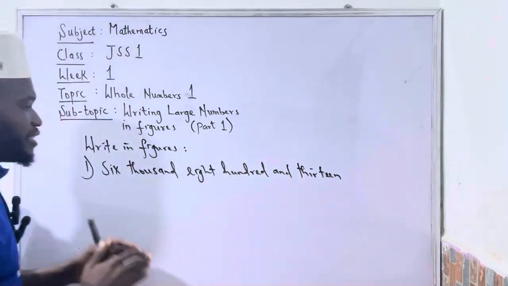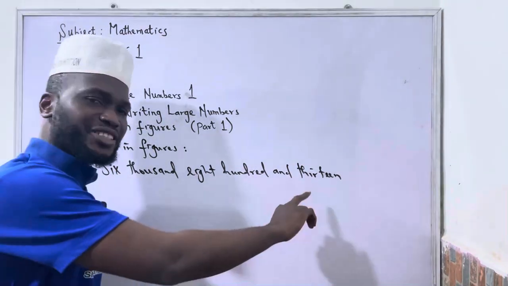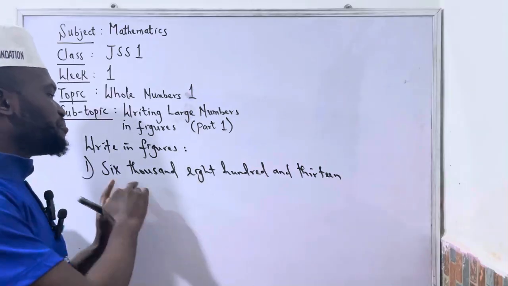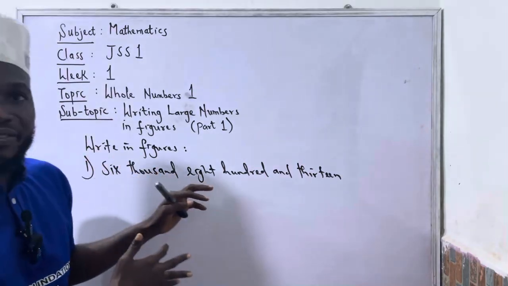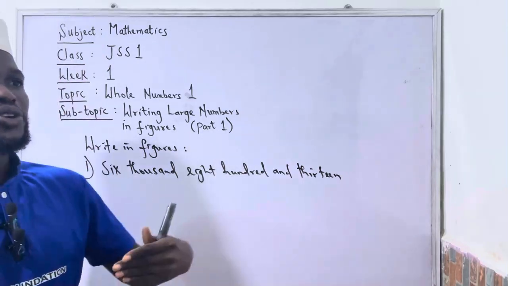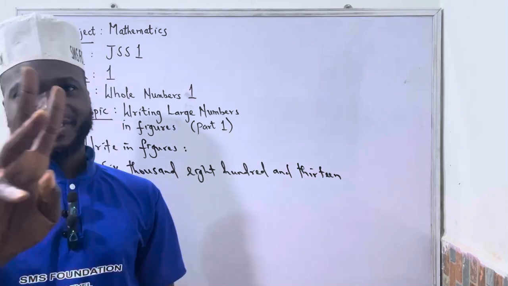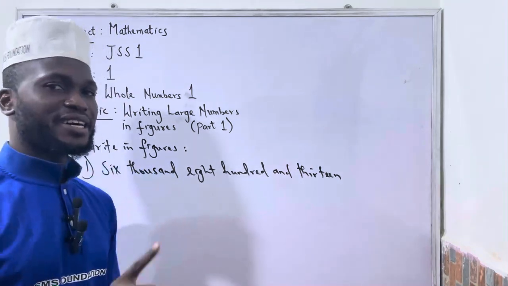Mind you, when you are dealing with this, the first family from the left might not have 3 digits. That's not always a problem. But the other ones after it must have 3 digits.